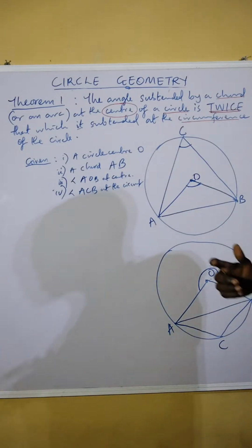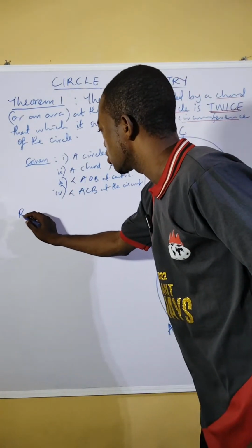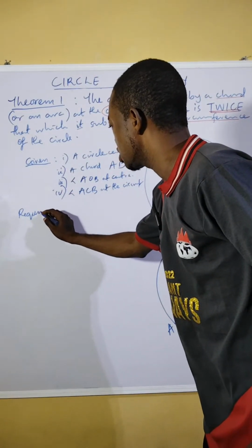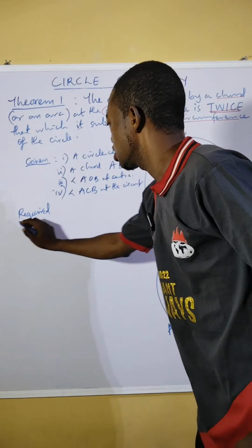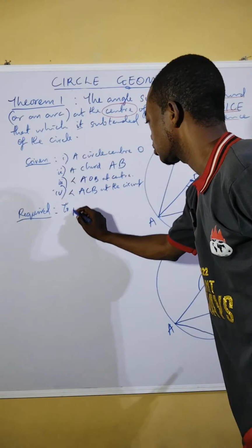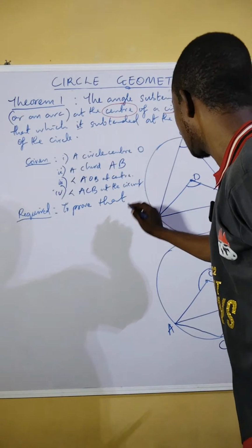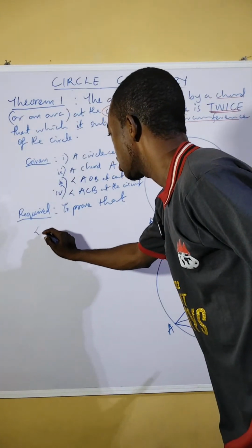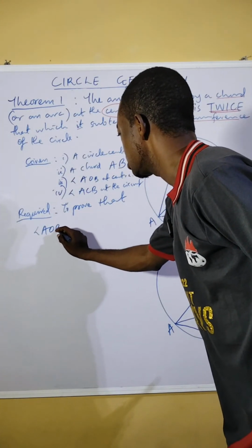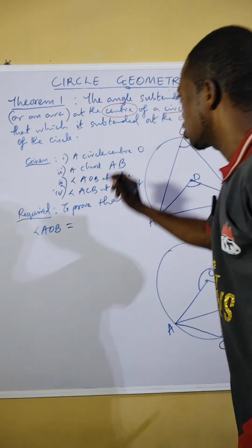Now, what are we to prove? What is required of us to prove in this theorem? To prove that angle AOB is twice.